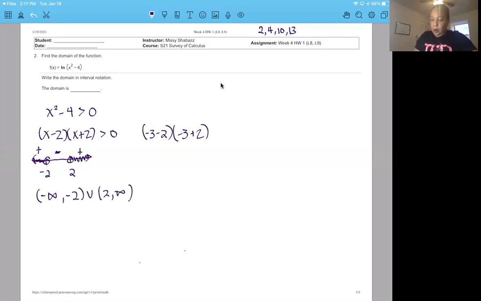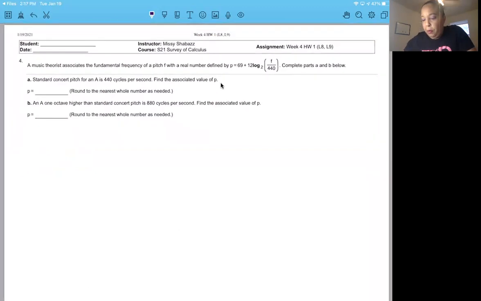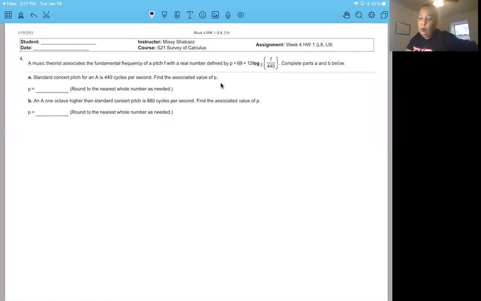All right, next question, number 4. Music theorist associates the fundamental frequency of a pitch F with a real number defined by P equals 69 plus 12 log base 2 of F over 440, complete parts A and B. So part A says standard concert pitch for an A is 440 cycles per second.